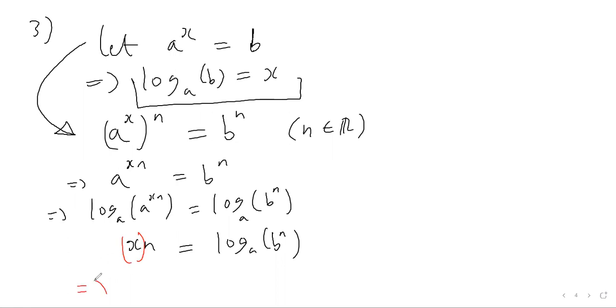So therefore, what that tells us is that this n there times by log base a of b, which remember, this is the same as x. So I'm just swapping x with this here. So n times by this log base a of b. I'll leave the brackets there. So log base a of b times by n is equal to log base a of b to the n.